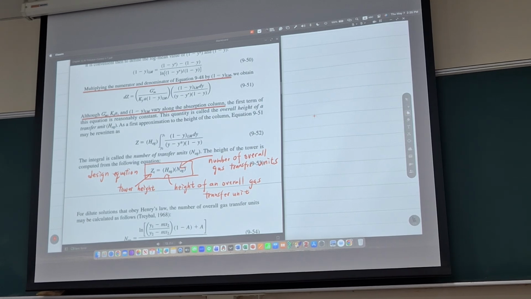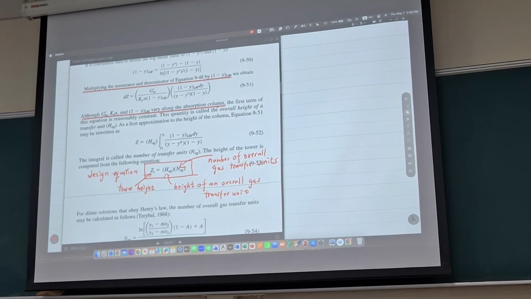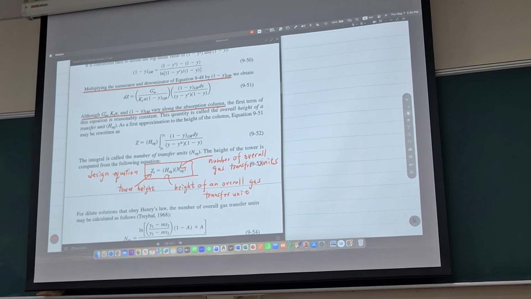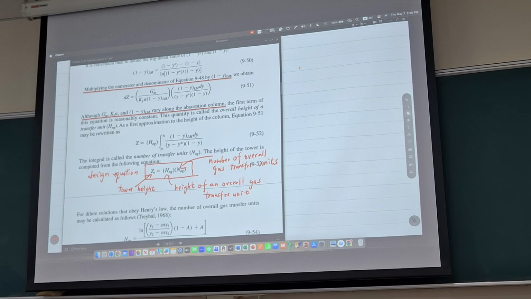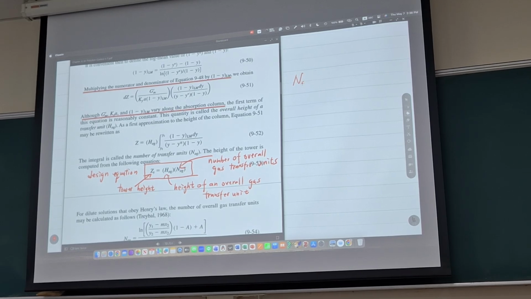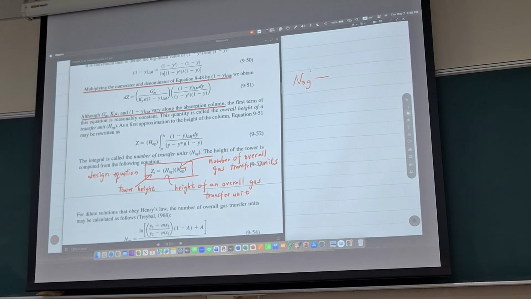Okay? Calculation is not a problem. If you have a test script, you just plug in those data, right? The problem is the physical meanings, the meaning of those terminologies, the meaning of those parameters. Okay, the first one, NOG, what does this tell us?